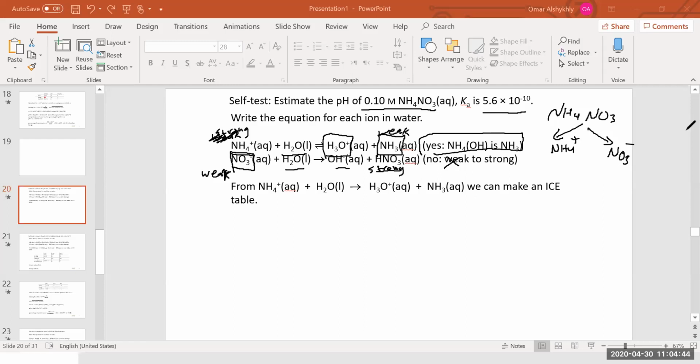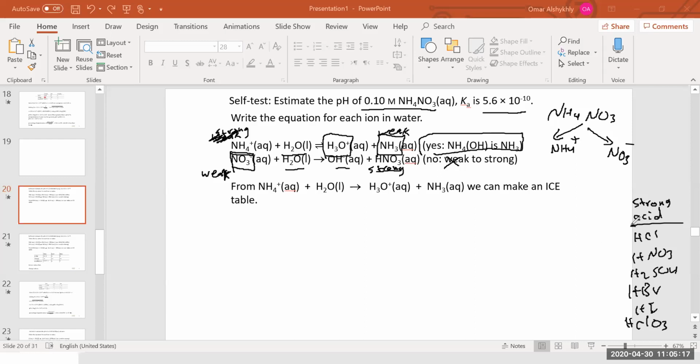We have strong acids: HCl, HNO3, H2SO4, HBr, HI, and HClO3, for example.